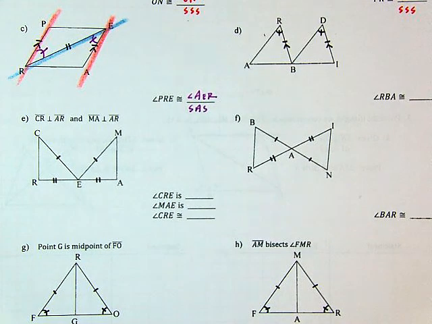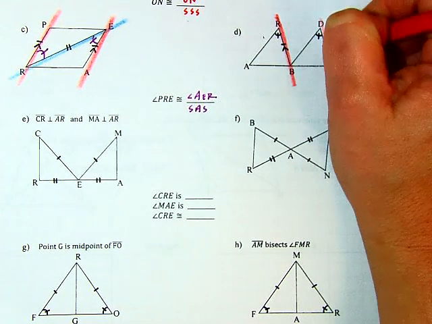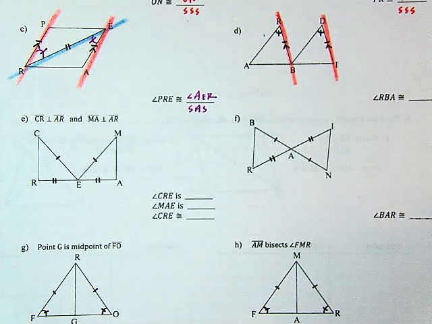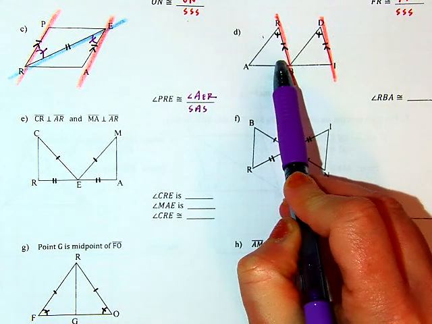Okay, my next one here, I have parallels as well. So let me emphasize those. And now I'm trying to link up angle RBA. So this angle, right, I'm trying to link it up to another angle.